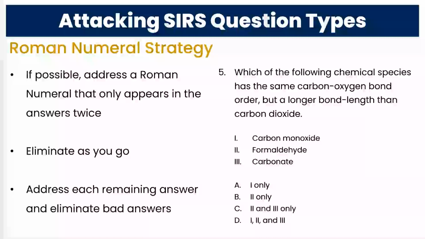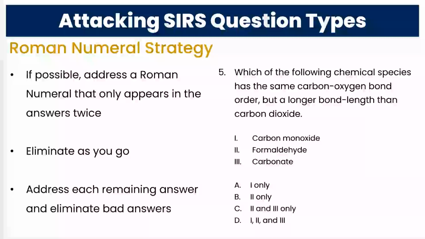So we're looking for has the same carbon-oxygen bond order, but a longer bond length than carbon dioxide. So what kind of bond order does carbon monoxide have? Is it a single or double or a triple bond? It's a triple bond.